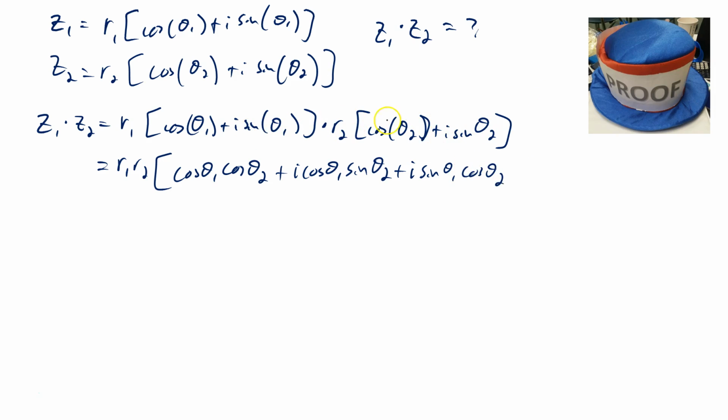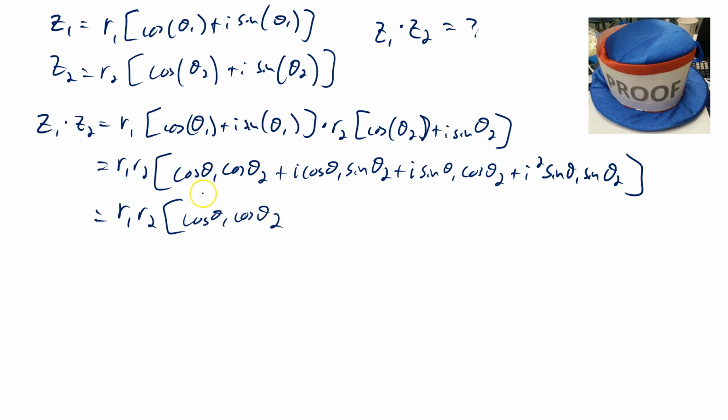And the last two, let's leave it as plus i squared sine theta 1 sine theta 2. And of course, i squared is negative 1, so we can change that next. So that's r1 r2 times cosine theta 1 cosine theta 2. I kind of group these in a special way. That's how a lot of proofs work, right? i squared is going to make a negative sine theta 1 sine theta 2.